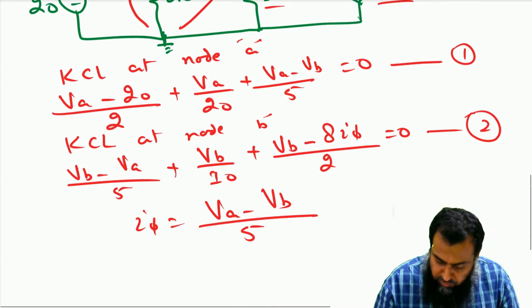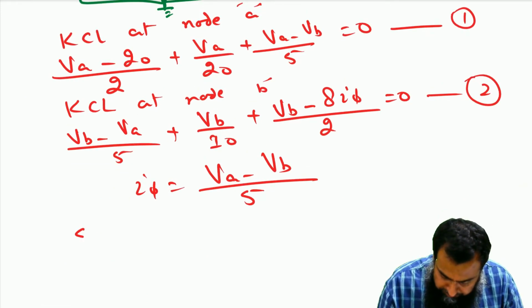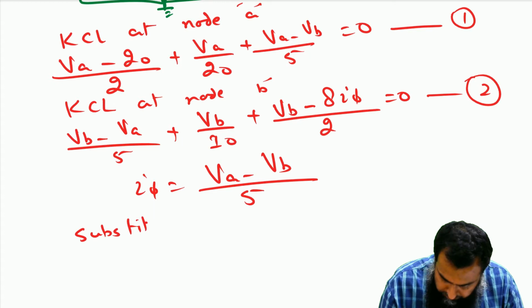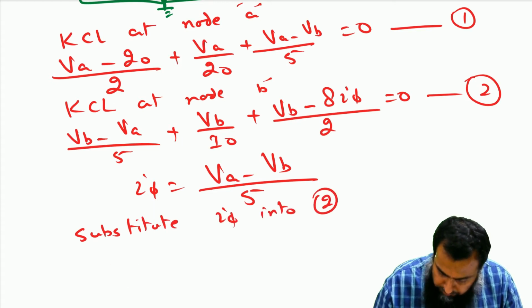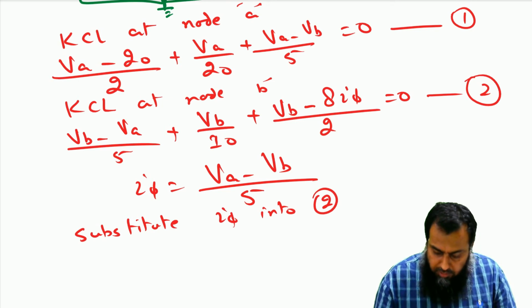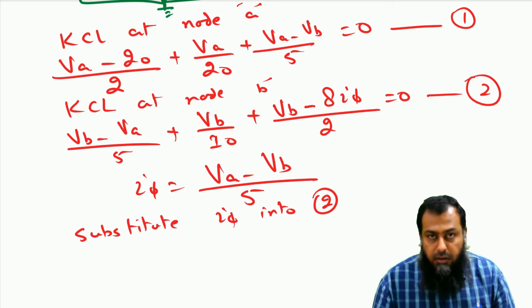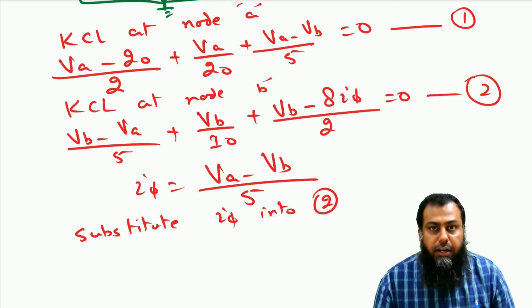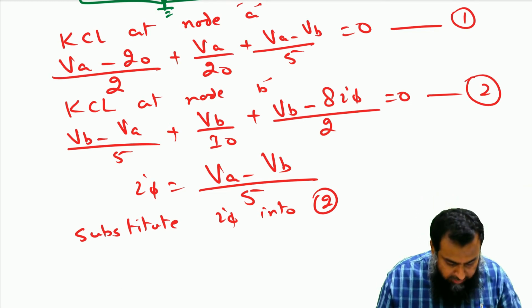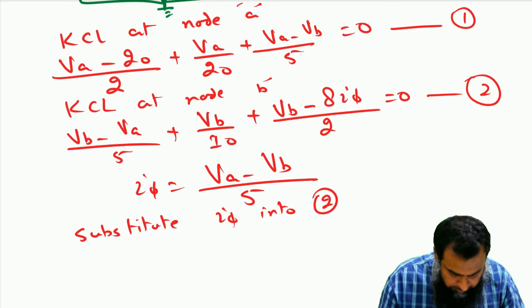So if I now substitute the value of I phi into equation number 2, I will get equation number 2 with only VA and VB included in it.